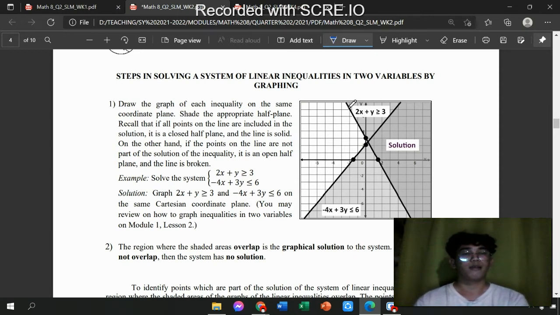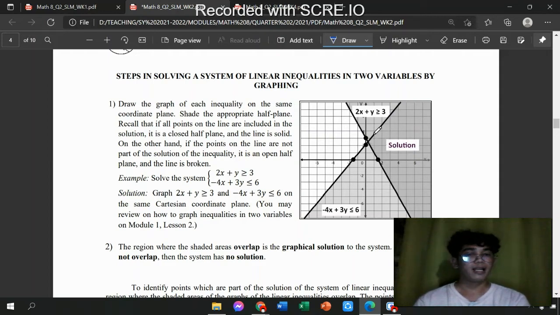Ang imong buhaton sa second inequality, i-determine mo kung asa nga half plane mag-shade. So sa atong example, ang solutions kay naani nga half plane. And kabantay mo, nag-shade ta ari nga part, then nag-shade ta ani nga part, kaning area is nag-overlap ang shading.